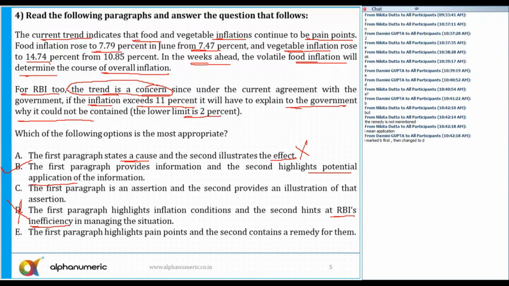You can apply this information to find the remedy, Nikita. RBI can apply this information, this inflation trend. This is information for RBI, and it can use this information to make policies so that inflation does not exceed 11%. So it can apply this information, isn't it?